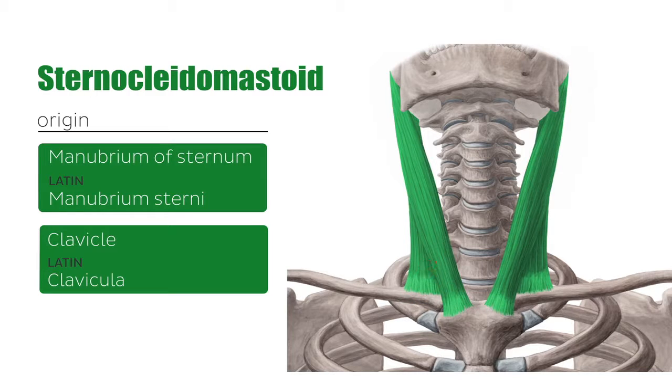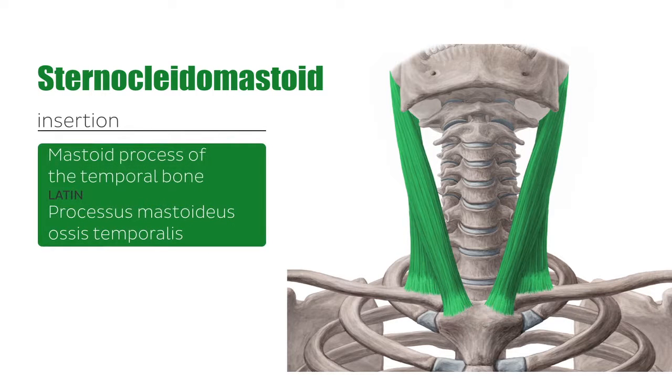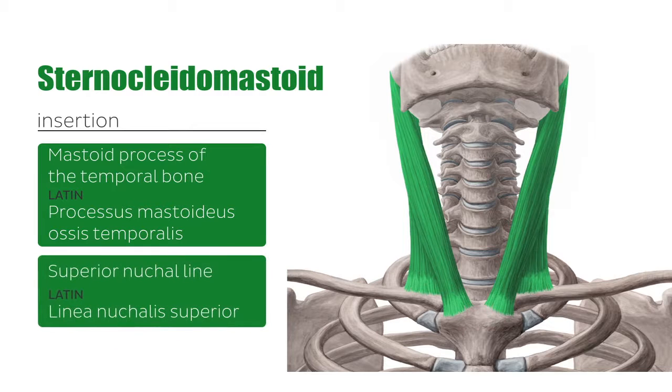So two heads for the sternocleidomastoid muscle. In terms of the insertion point for this muscle, the insertion is the mastoid process of the temporal bone, and also the superior nuchal line of the occipital bone will serve as an insertion point for the sternocleidomastoid.